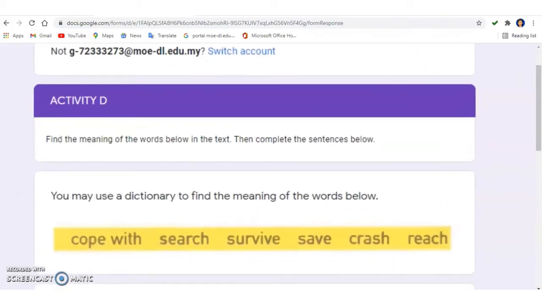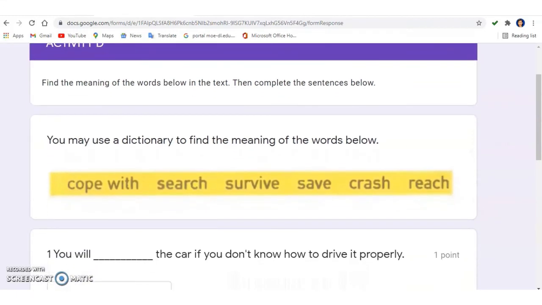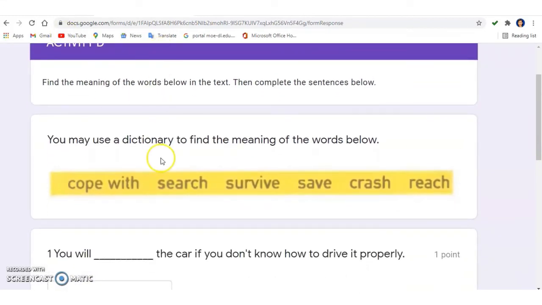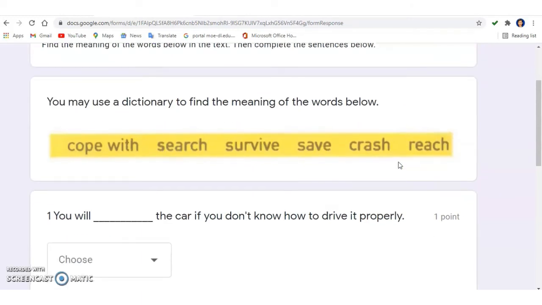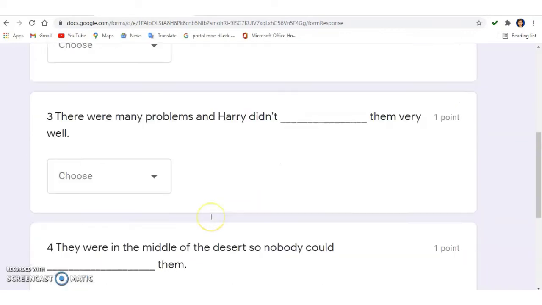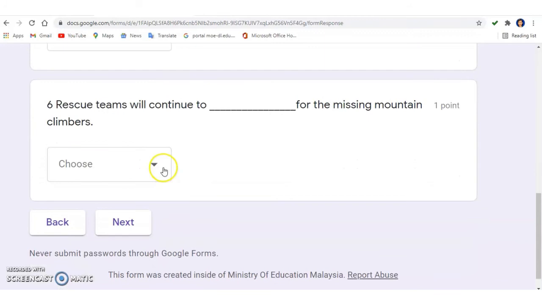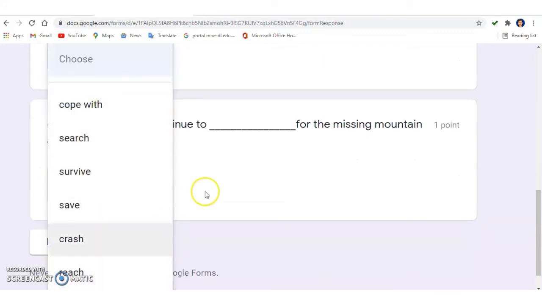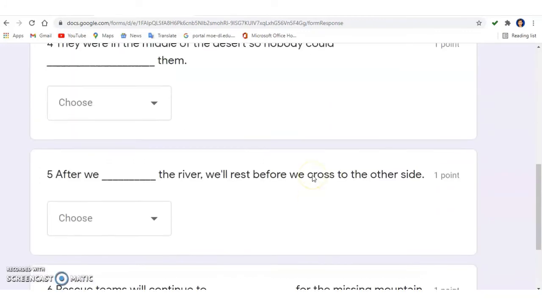Okay. In this activity, you can use a dictionary to find the meaning of the words first before you attempt the task. There are 6 sentences here, and you need to choose from these words or phrases to complete the sentences.